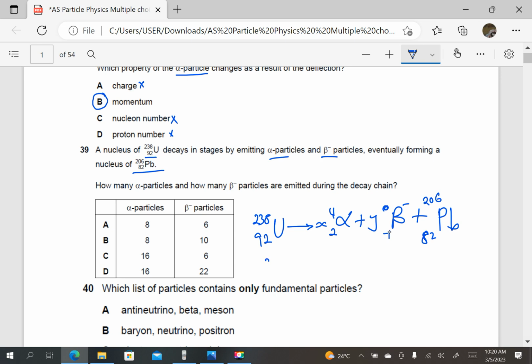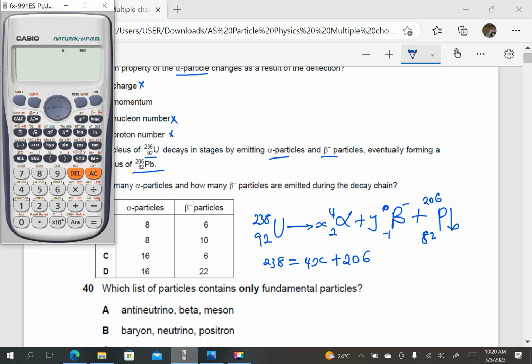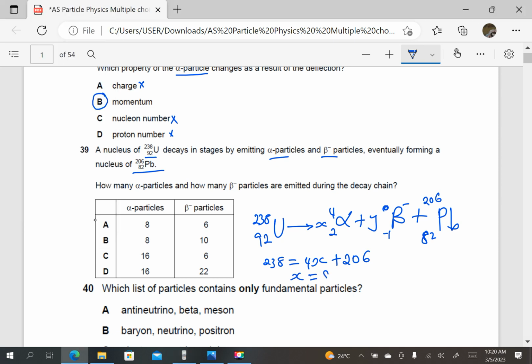Therefore, 238 on the left hand side should be equal to X times 4, that is 4X, plus Y times 0, which is not going to be important, plus 206. To find X, I say 238 minus 206 divided by 4. It means X is equal to 8. So there are 8 alpha particles, to be precise.